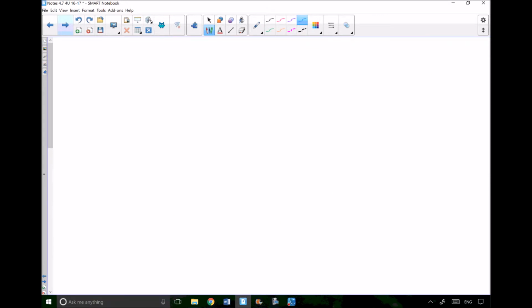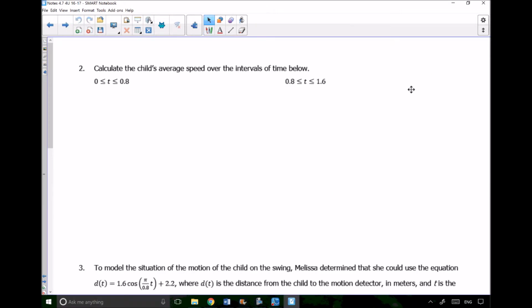Now I want to find my average rate of change. So looking at average rate of change, question number 2 says calculate the child's average speed. Since it's average speed, that's our AROC, over the intervals of time below.